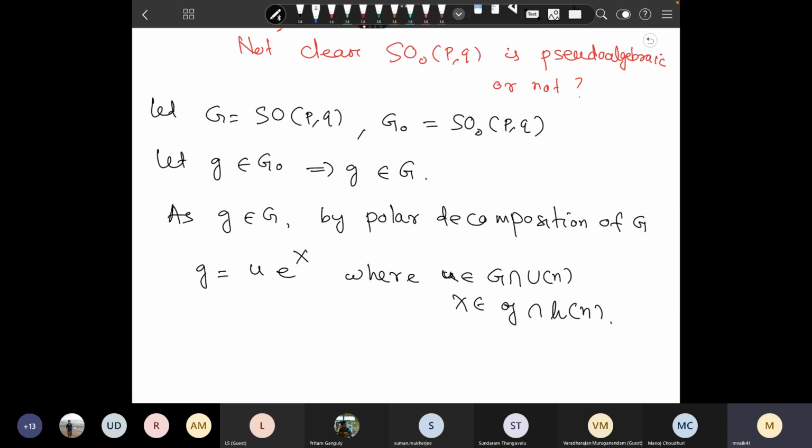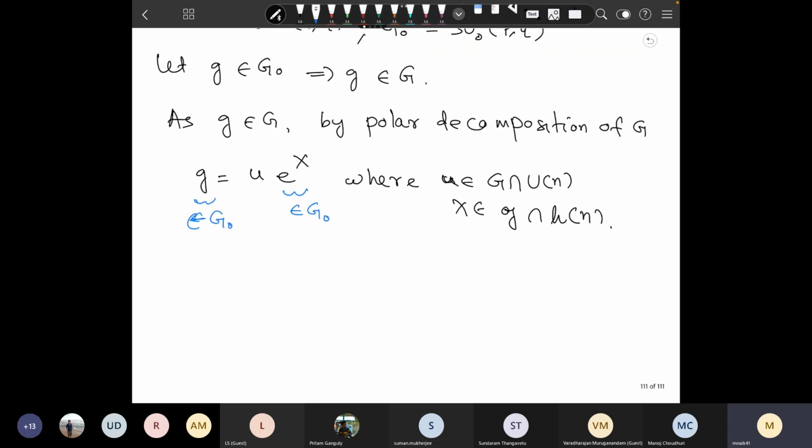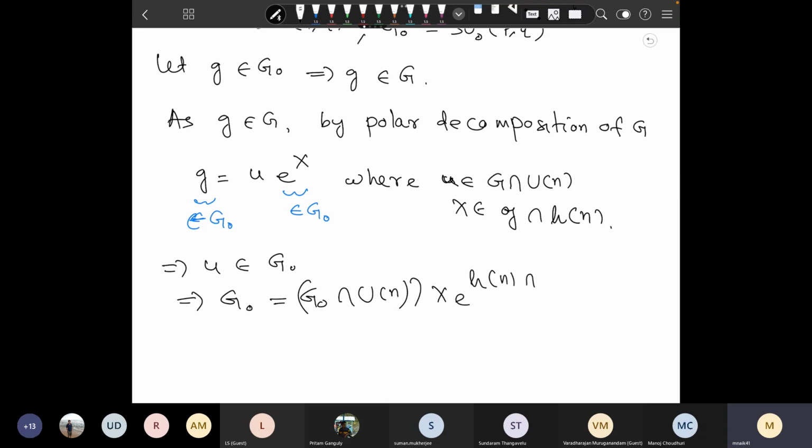Since X belongs to G, this belongs to G naught e to the power X. Now g belongs to G naught, so that will imply that U belongs to G naught. So I am getting that G naught is equal to G naught intersection UN cross e to the power HN intersection. So we have the polar decomposition for G naught.